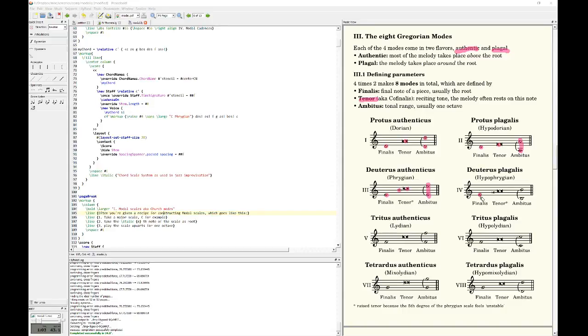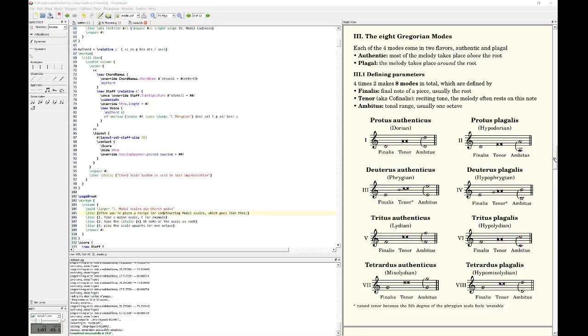For plagal Phrygian, same root, different ambitus, different tenor. For Lydian, start on the 4th step of C, which is F. Tenor is the 5th of the root, ambitus just as usual. And for plagal Lydian, again same root, lower range, lower tenor. And for Mixolydian, we also have a different tenor because we are trying to avoid B, which can prove unstable.